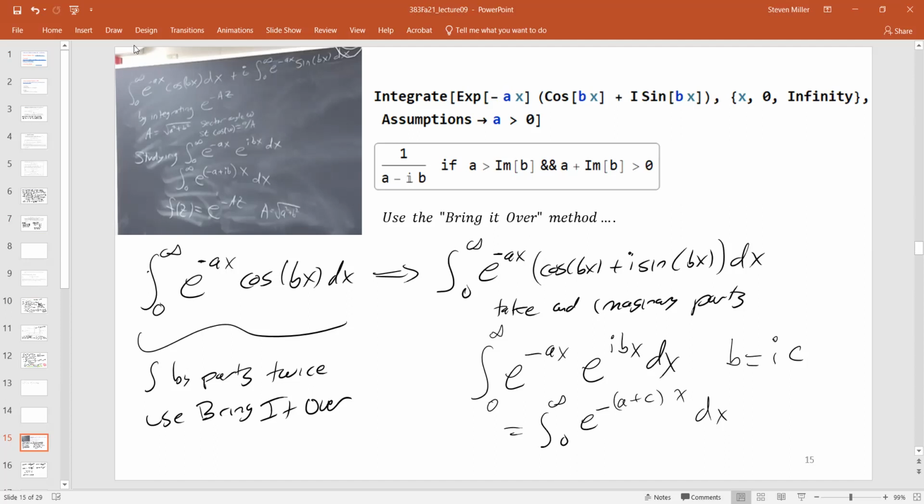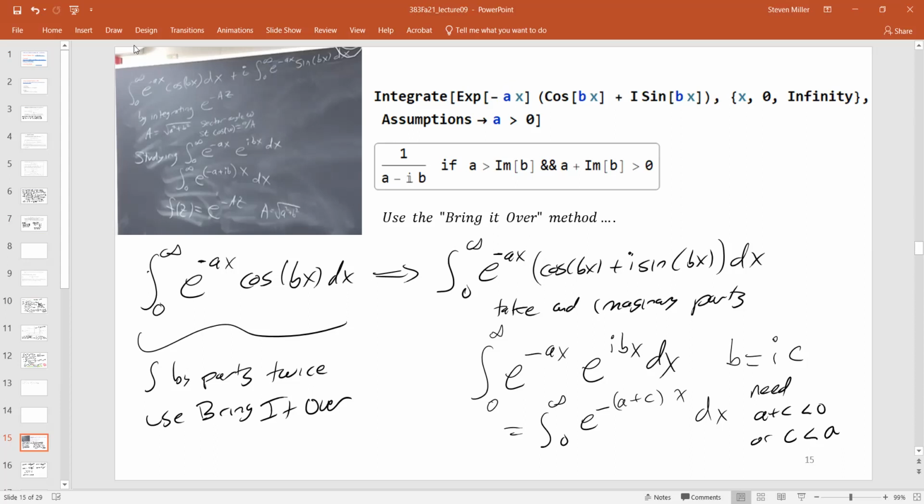So it has to be real, but it has to be more than just a real number. It should be less than a. So we need a plus c to be less than 0, or c to be less than a. So as long as that's the case, we can then actually do this integral.